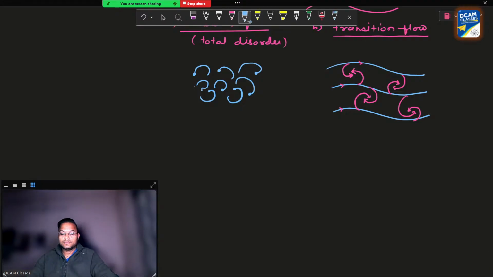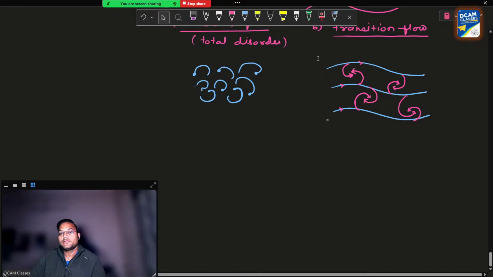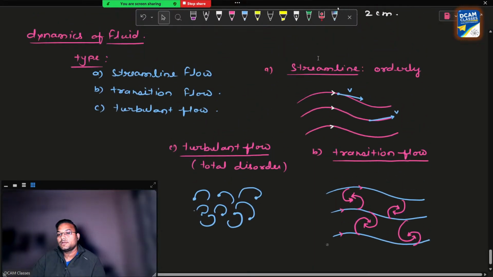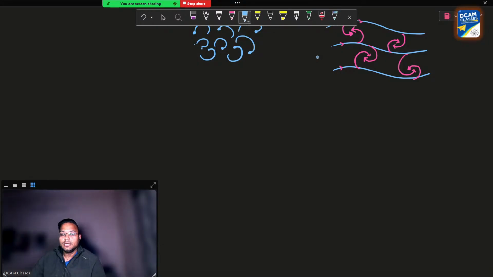Now, in physics, in fluid mechanics, how do we actually define this? How do we know whether a flow is transition, turbulent, or streamline flow? Using a number which is known as Reynolds number. This is represented by Re.